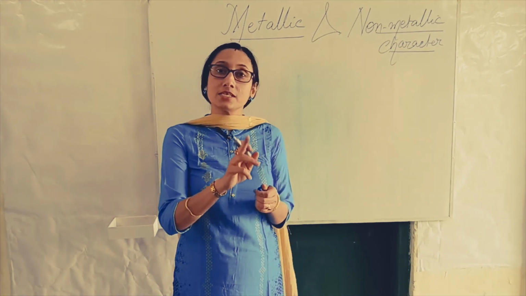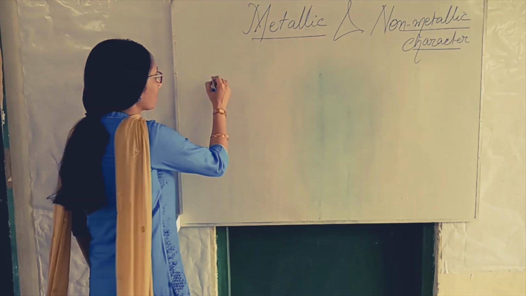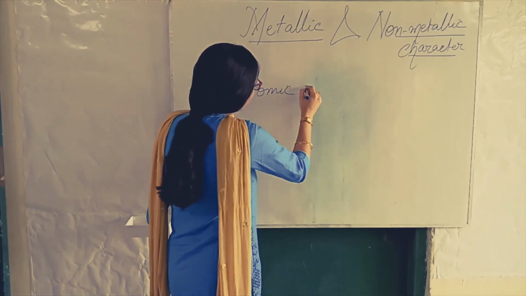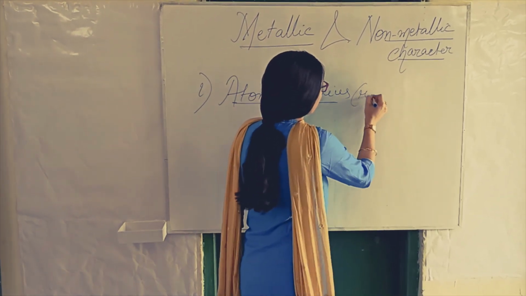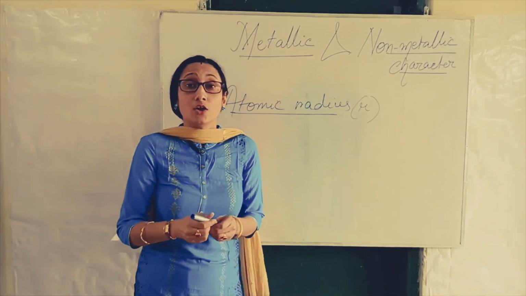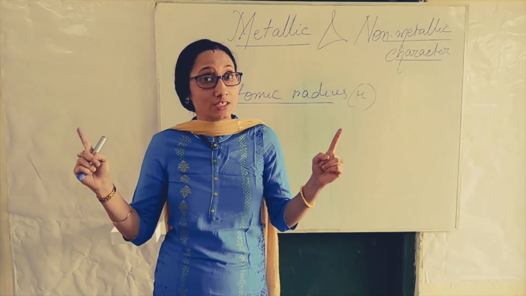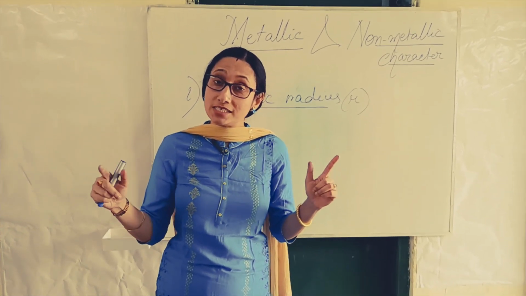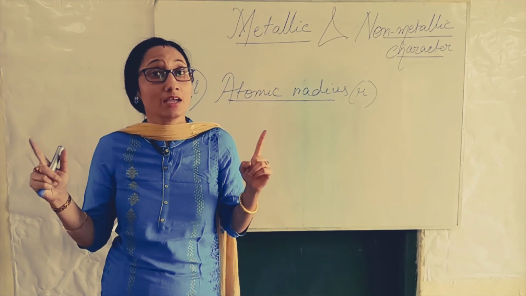So now let us discuss the factors affecting this metallic character. First one is atomic radius. How does atomic radius affect metallic character? Now, if atomic radius is more, that means distance is more. Distance more means effective attraction is less. So, it is easy for the element to lose electron and become a cation.